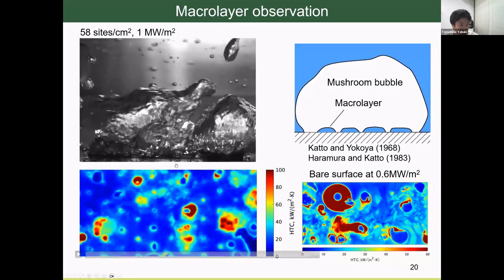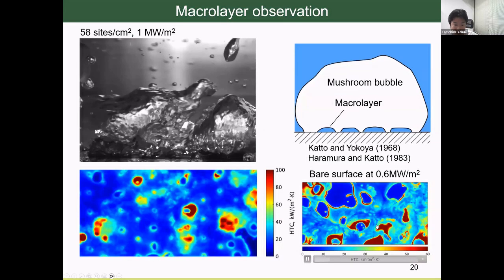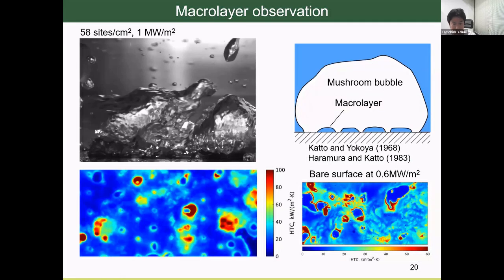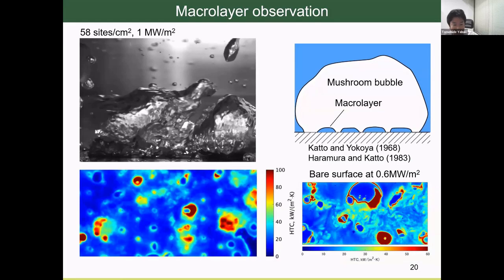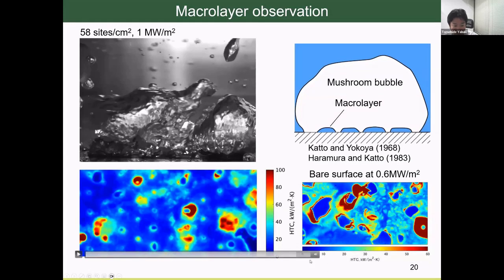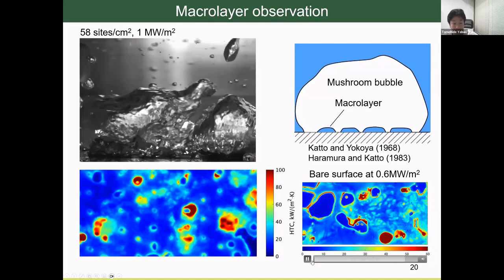Yes, there's a very large microlayer under this mushroom bubble. However, we couldn't observe the microlayer on the bare surface, which has less nucleation site density. So this means a certain number of nucleation sites is necessary for microlayer formation.